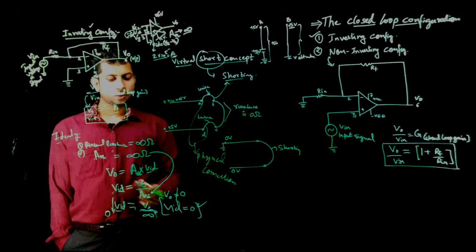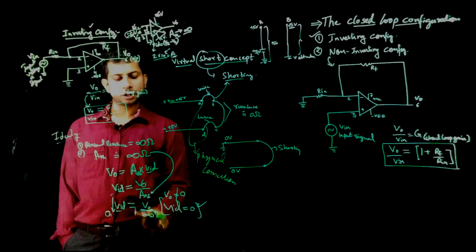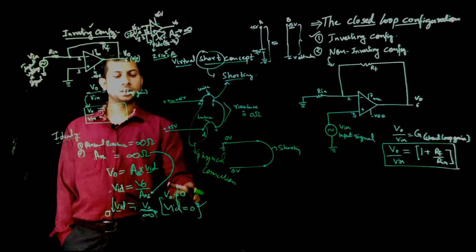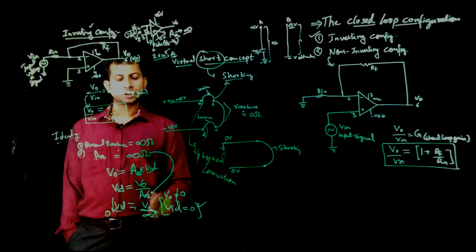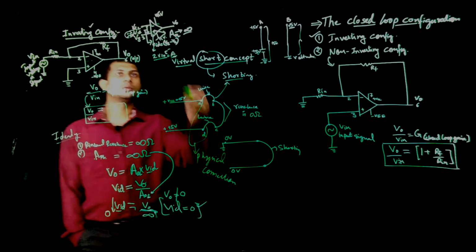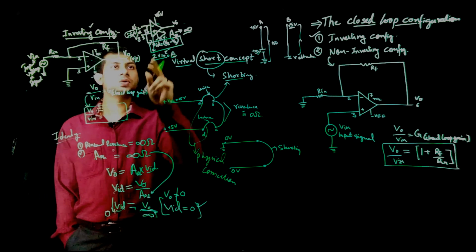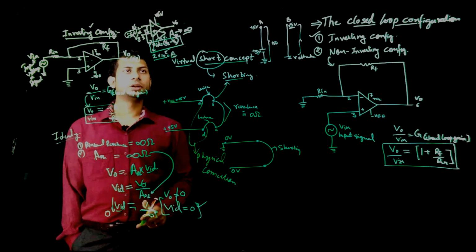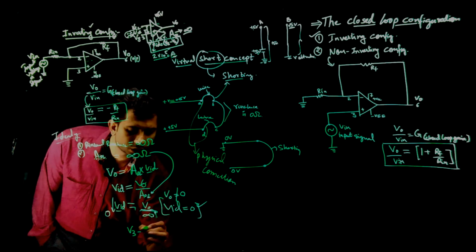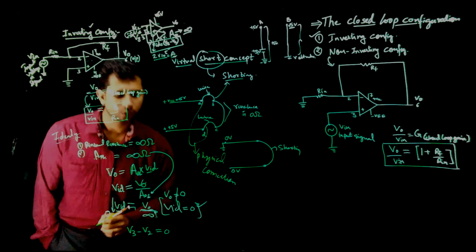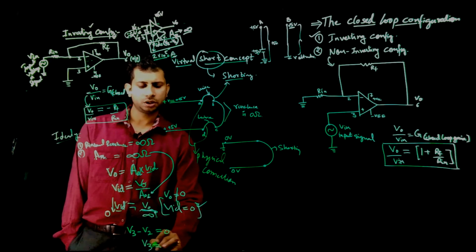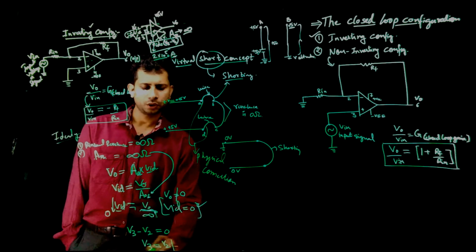Okay, so when we put AOL as infinite, this V0 or the output voltage will never be equal to 0. That means this VID will become 0, and we have taken that VID is equal to V3 minus V2. That means we replace this VID with V3 minus V2 equal to 0, and hence we can say that V3 will be equal to V2.